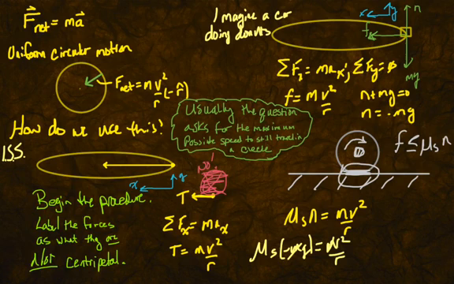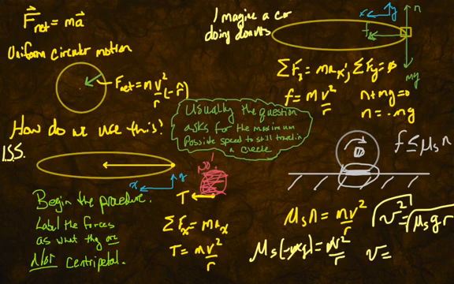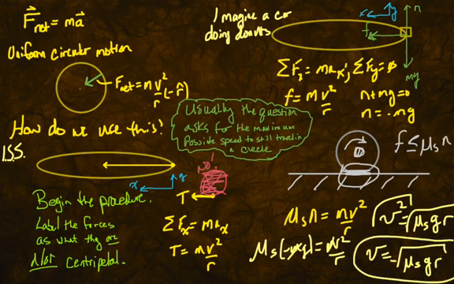So our v squared is going to equal mu static g r. Then we square root both sides, and we get v equals the square root of mu s g r. And this would then be our maximum velocity for keeping our car in a circle.